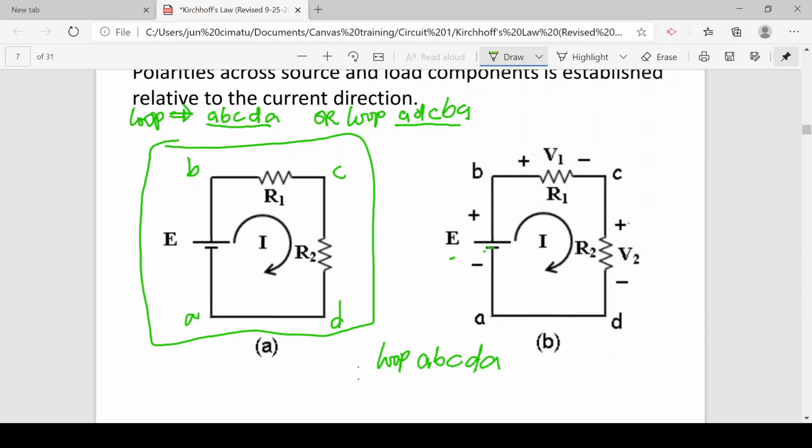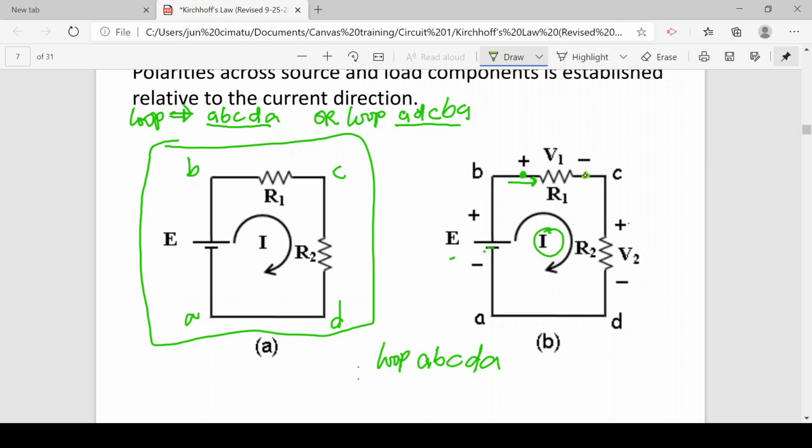And the voltage across R1, which is V1, the current in the circuit is I, which is directed towards R1, and it enters at this terminal, and so this terminal is positive.